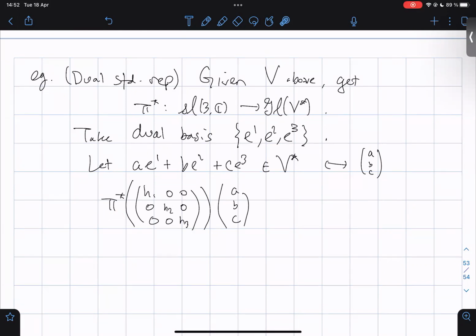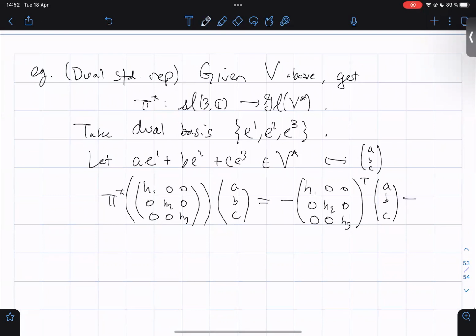The action is via the negative transpose. So this is minus; well, the transpose isn't going to do anything to a diagonal matrix, but let's just put it in there to be safe. And so what we're getting is the output is minus h_1 A minus h_2 B minus h_3 C.